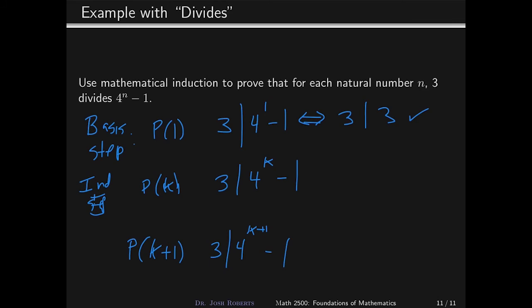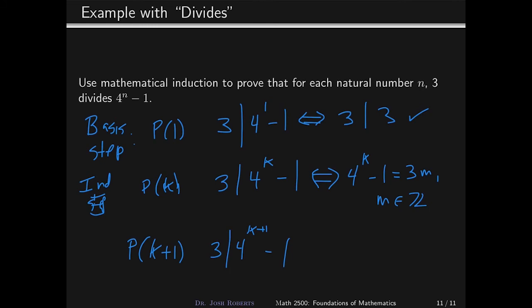Okay? Let's see. If we know that 3 divides 4 to the k minus 1, that means we know that 4 to the k minus 1 is equal to 3 times m, where m is some integer. Okay?